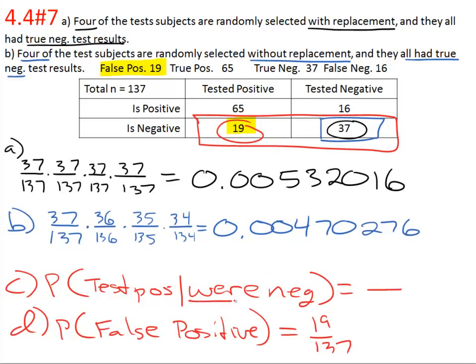So the given condition just resets the total. Instead of looking at everybody, we're only looking at those people who are negative. And so now our total is just 56, instead of 137. Out of those 56 people, how many of them tested positive? 19. Different question, hugely different answer. So that's the biggest stumbling block with probability, really paying attention to the details in the questions.